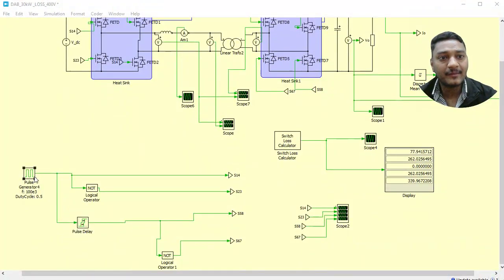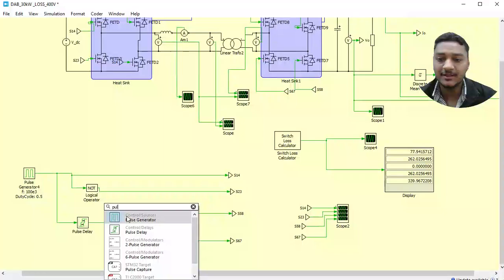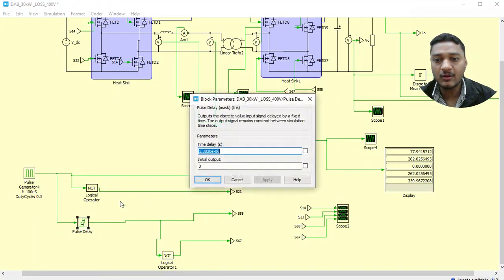Now, whatever pulses we generate here, we need to phase shift them. So again you can just use the pulse delay block. Using the pulse delay block, what is the duration you want to give? We have calculated in our script the time we need to phase shift, corresponding to the angle. So that 49 degrees is the angle we got, and we need to give the time corresponding to that 49 degrees here.